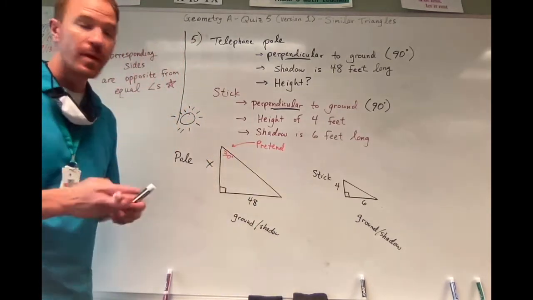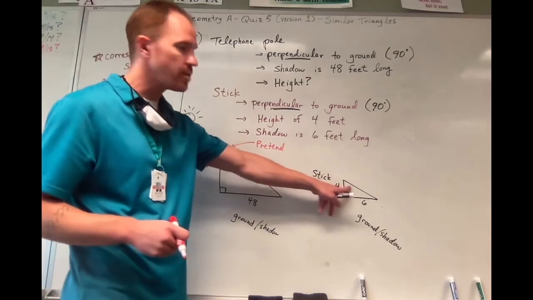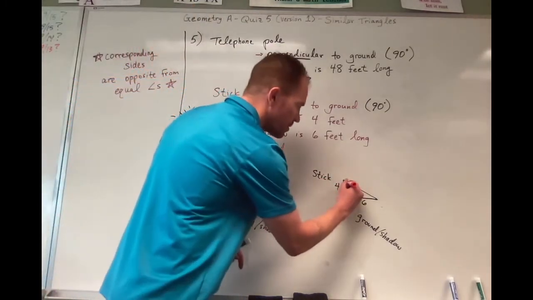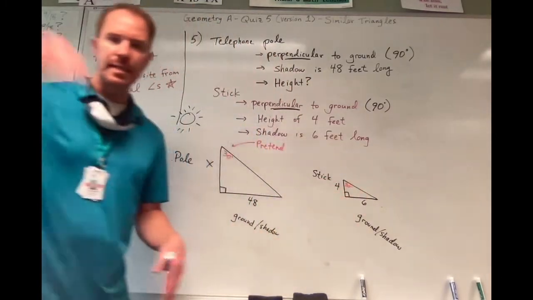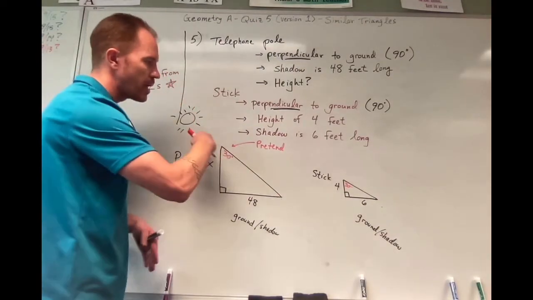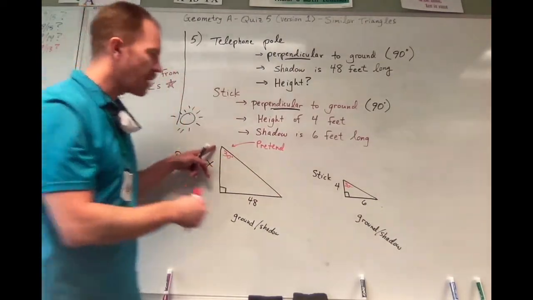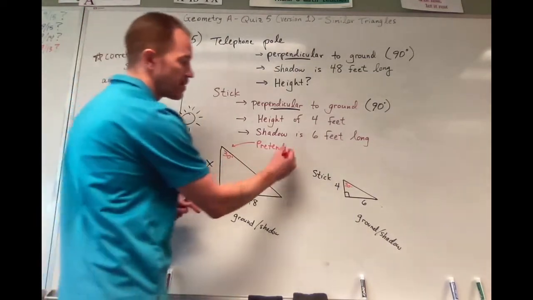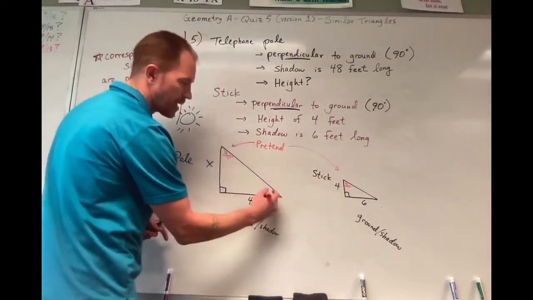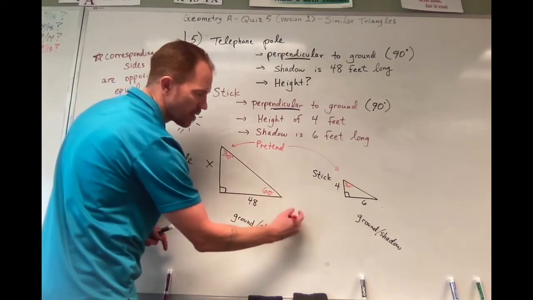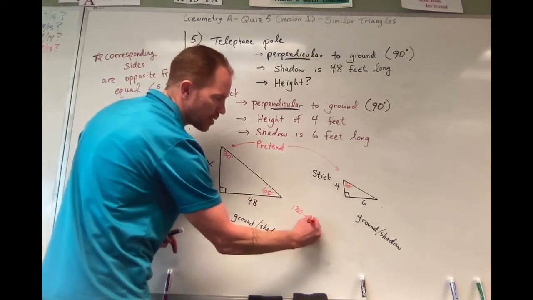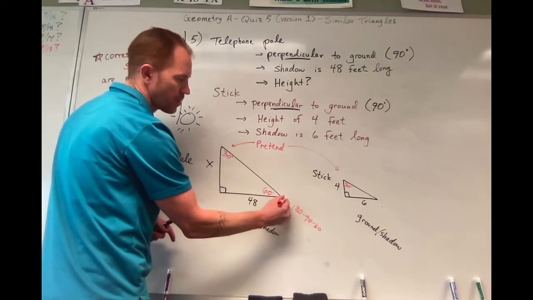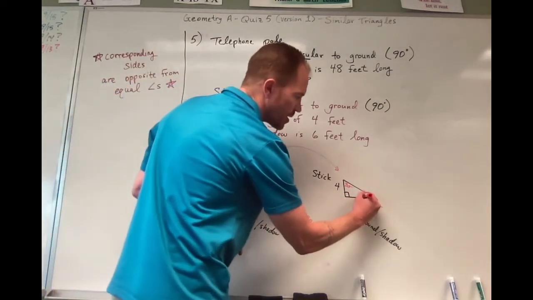I have no idea. But then this is also going to be a 30-degree angle. The rays of the sun are going to strike the top of the pole and the stick at the same angle. And so if that's 30 degrees there, then this is again going to be 60 degrees, because that would be 180 minus the 90 minus the 30. And then you'd have 60 degrees here.